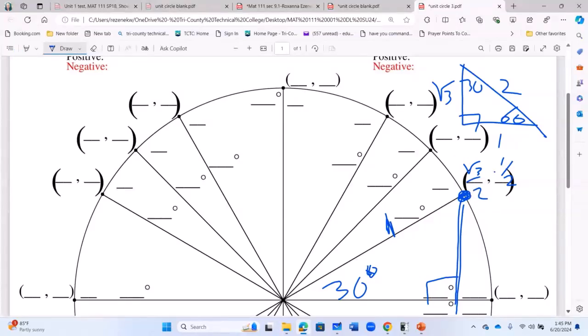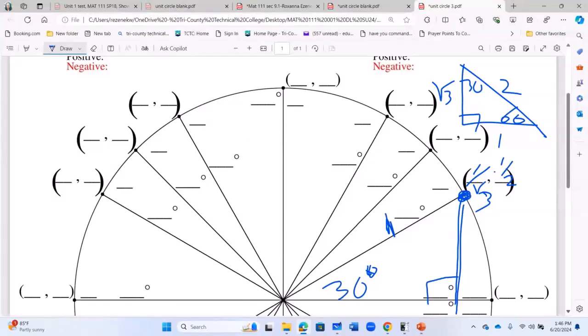Okay, but what in the world did we put √3 over 2, 60 first, and so cosine of 30 is opposite over adjacent, 1 over √3. I just want you to know that you can. So cosine of 30 is opposite over adjacent, 1 over √3.